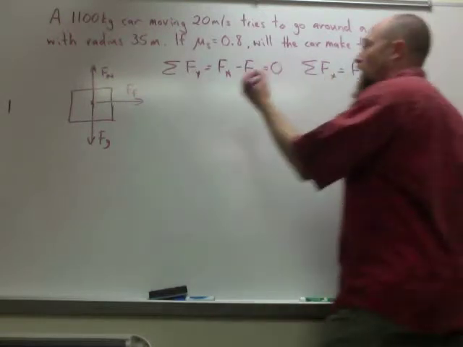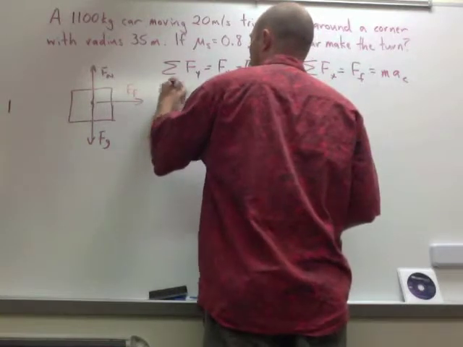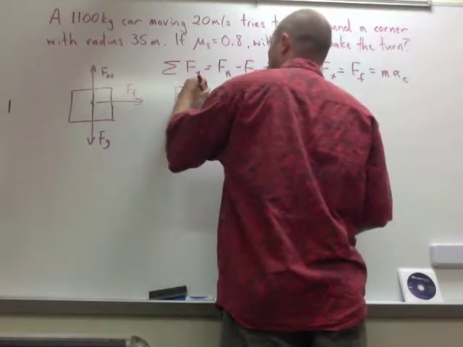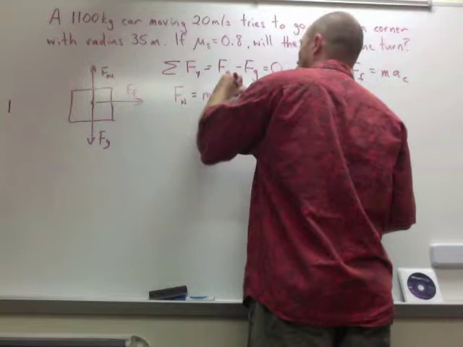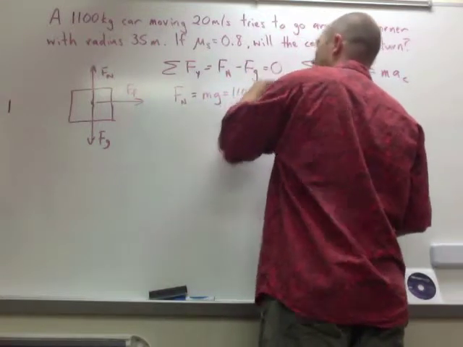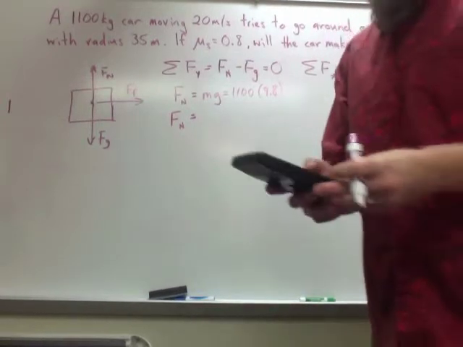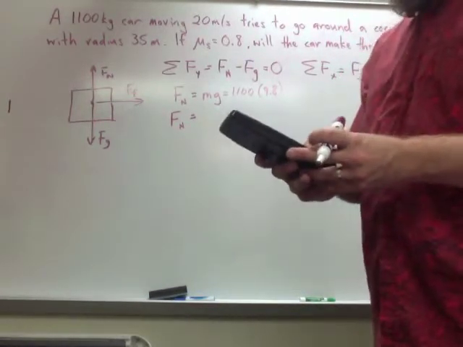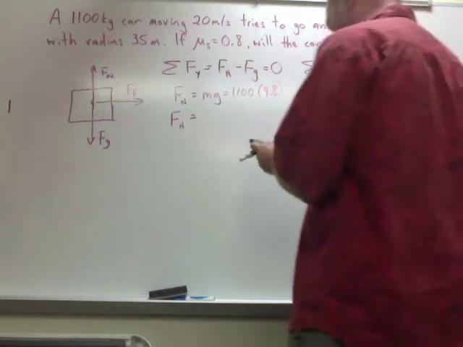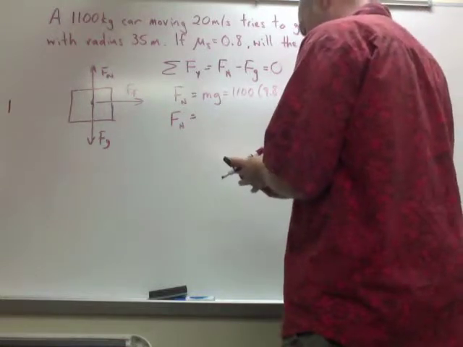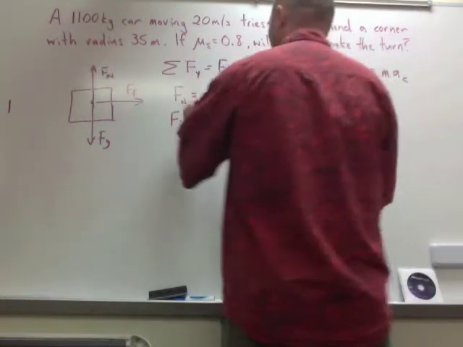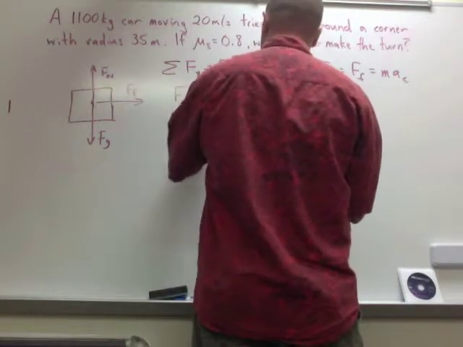So I get Fn equals m times g, which is 1100 times 9.8. So my Fn equals 10780 newtons.